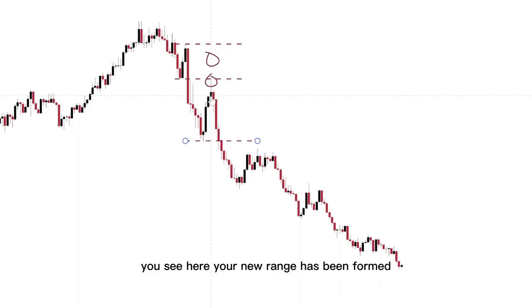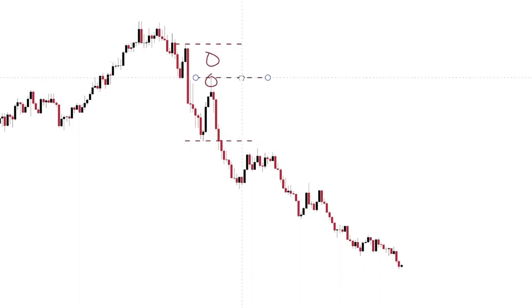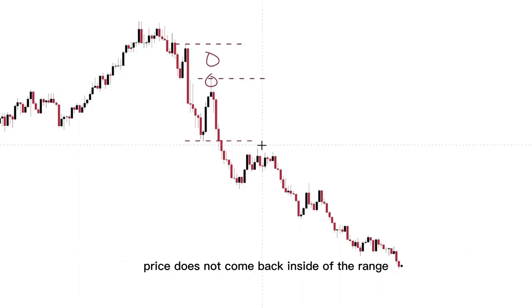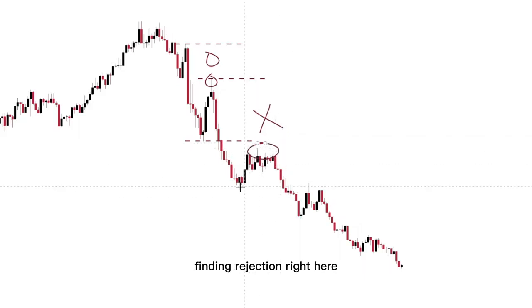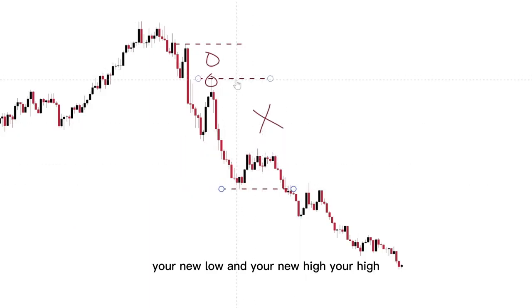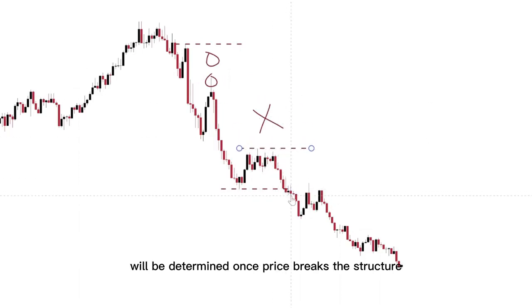You can see here your new range has been formed. What does price do? Price does not come back inside of the range, finding rejection right here. So this would be your new range, your new low and your new high. Your high will be determined once price breaks the structure.